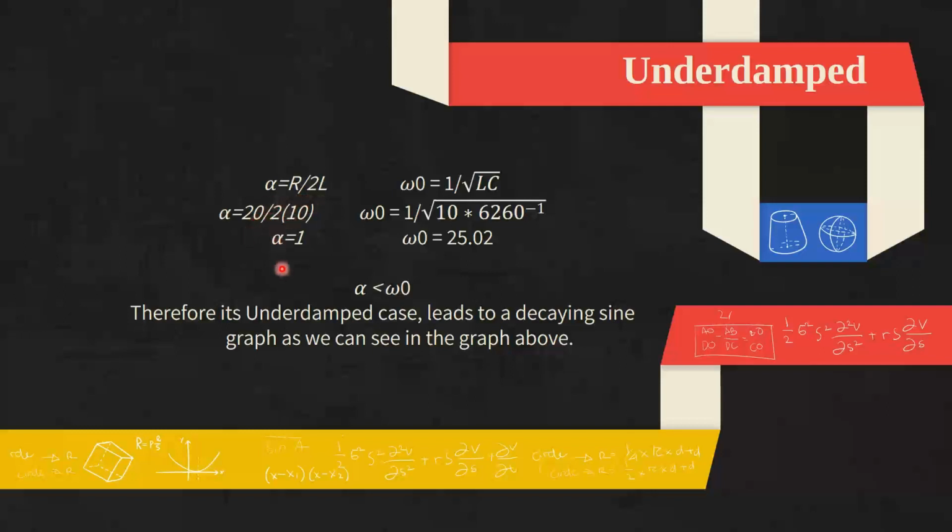If we put the values, we get the damping factor to be 1, whereas the resonant frequency is equal to 1 by square root of LC, which when we put in the values, we get the resonant frequency to be 25.02. And this means that the damping factor is less than the resonant frequency. And it is known that this is an underdamped case, which leads to a decaying sine graph, as we can see in the graph above.